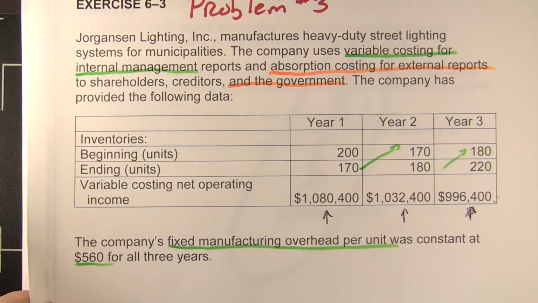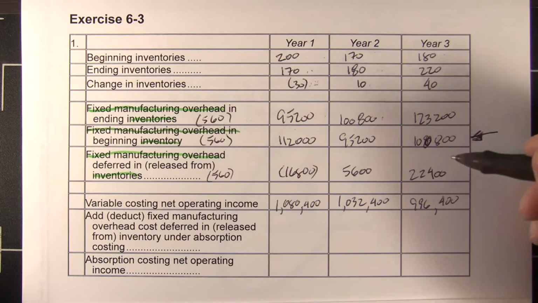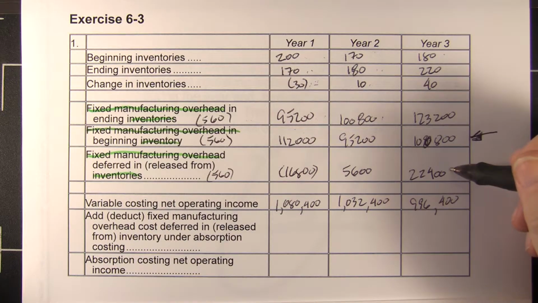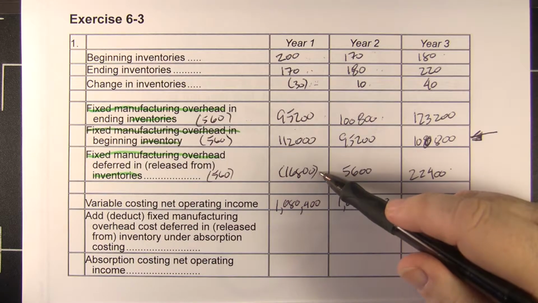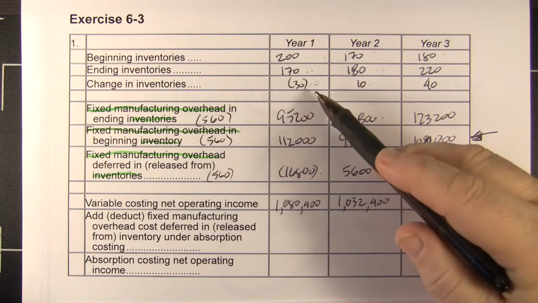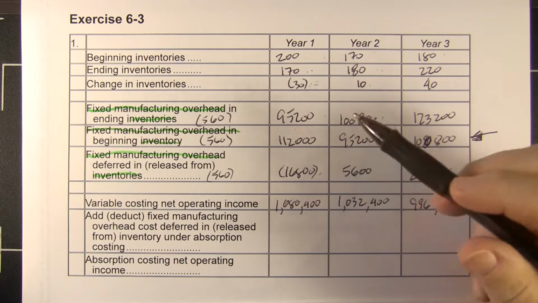So what we need to do is either add or subtract the fixed manufacturing overhead. So here we released 16,800. Our inventory went down, so this is from a different period.